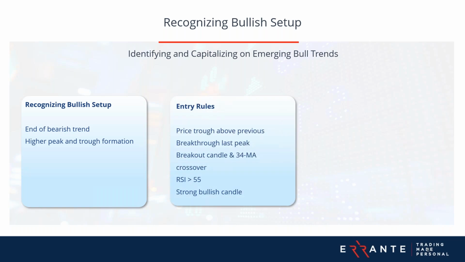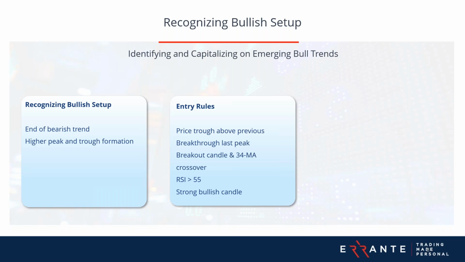Then we need to get very detailed entry rules. Observation of the bearish trend: this is the other criterion that we need to notice. It's crucial to first notice a bearish trend coming to an end, marked by the forming of higher bottoms.